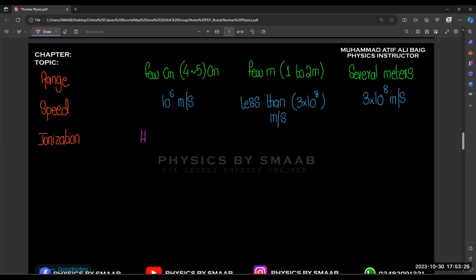So the ionization power of the alpha is the highest, and it is due to its greatest charge.